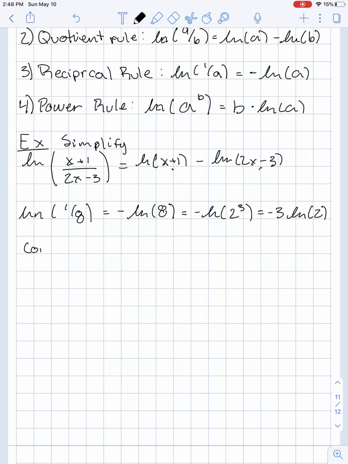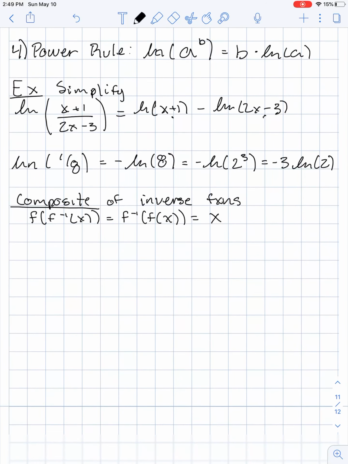So inverse functions have a fun property. If we have the composite of inverse functions, that means if I do f of f inverse of x, that's going to equal f inverse of f of x, and that's going to equal x.